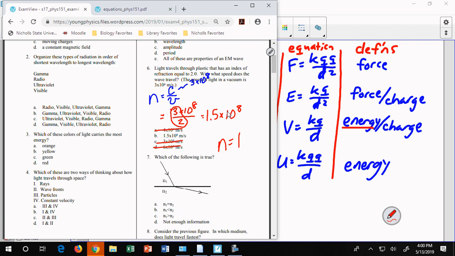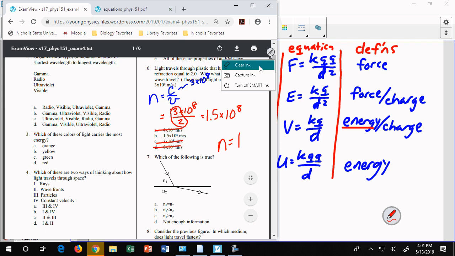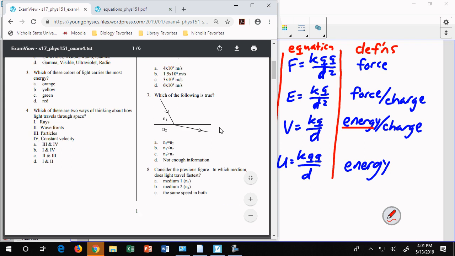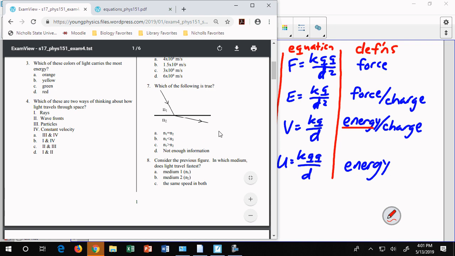And if n is equal to 1, c is equal to v. So in a vacuum, it's 3 times 10 to the 8th. But whenever I enter a medium, it's going to slow down. It necessarily slows down. It doesn't necessarily bend, but it will always slow down. All right? These are important. All this is important. All right, you had another here?